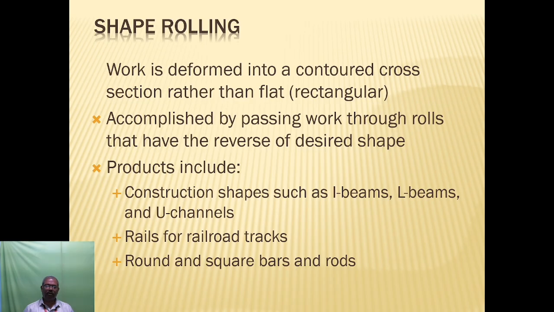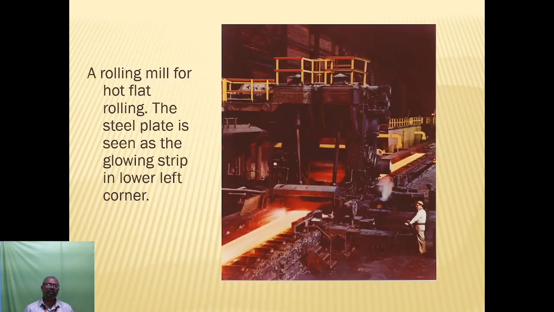So most of the products can be produced from this shape rolling. This picture shows a rolling mill in an industry for hot flat rolling. The steel plate is seen as a glowing strip in the lower left corner. This one.